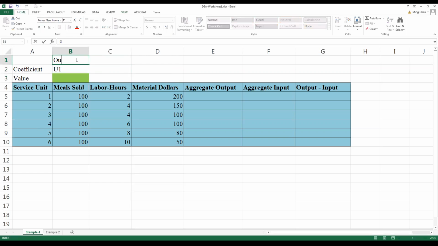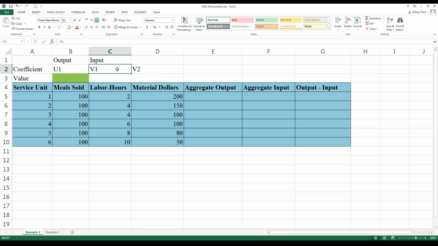So this is called output. I have 1 output, that's why it's only U1. If you look at input, I have 2 kinds of input, so I need a coefficient for input as well. So we have V1 and V2 because I have 2 inputs.